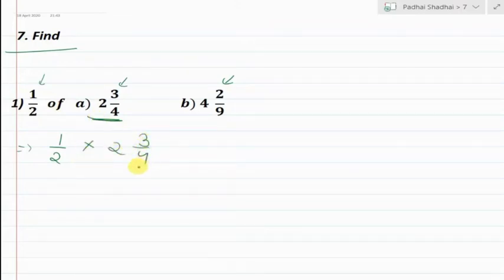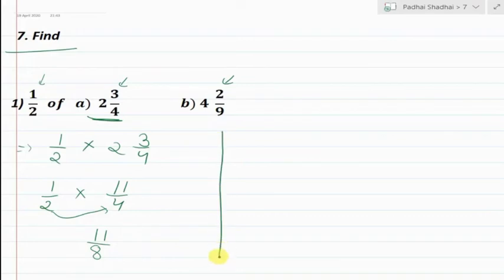First we have to convert this into an improper fraction, mixed to improper. 1 by 2, 4 2s are 8 plus 3 is 11 by 4. Now nothing can be cut out here, so we will have to multiply. 11 1s are 11 and 4 2s are 8. Converting it into a mixed fraction, we will have to divide it.